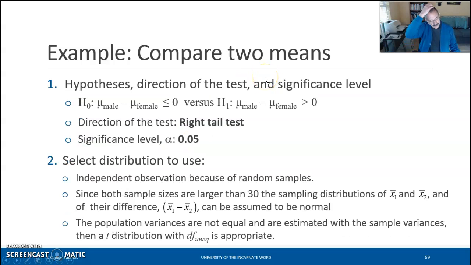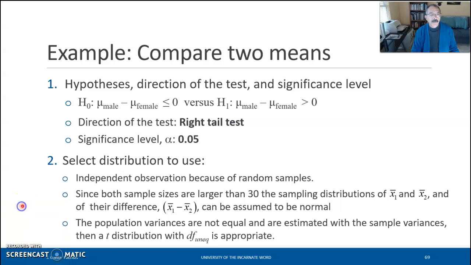All right, so with this information, we can start our procedure, and the first thing is to write the hypothesis. In this case, we want to see if the average salary of males is larger than the average salary of females. That is giving you the alternative hypothesis, and because we're using two means, we use the difference. If the average salary of males is larger than that of the females, then that difference should be bigger than 0 because this mean is larger than this mean.